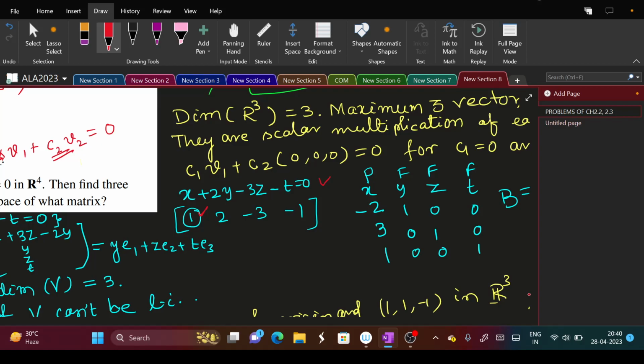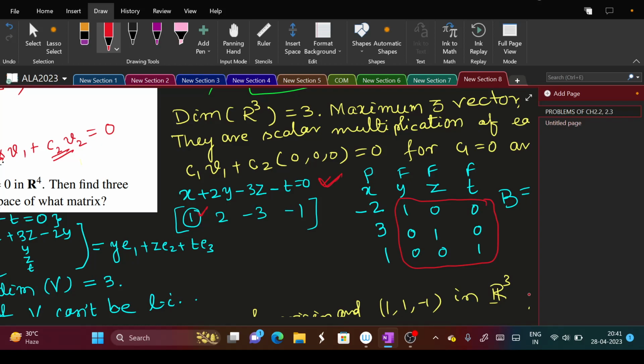So in the first, I will assign y as 1, the other two 0. Now z equal to 1, the rest two are zeros. Now t equal to 1, the rest two are 0. Likewise I will assign these values to the corresponding three variables. Now I will find the value of x from this equation.